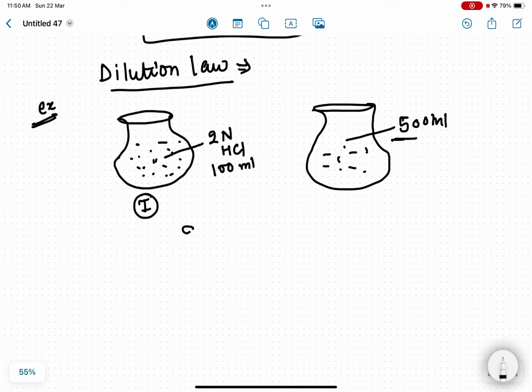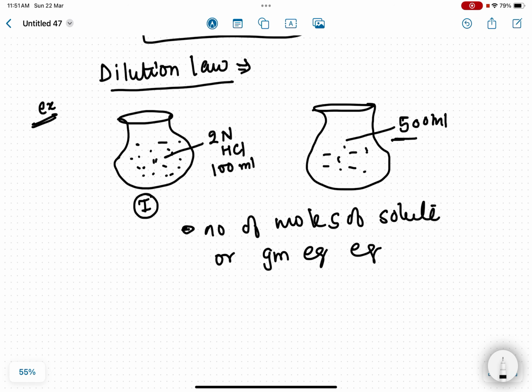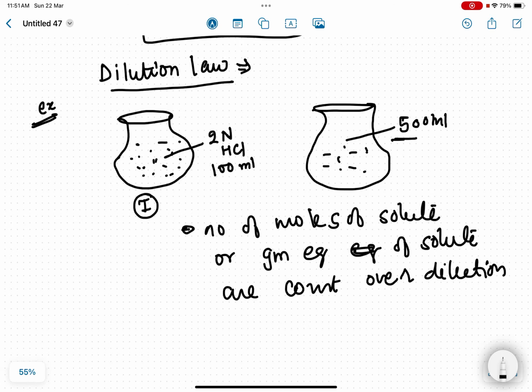So the number of moles or gram equivalents of solute are constant over dilution. This has not changed.